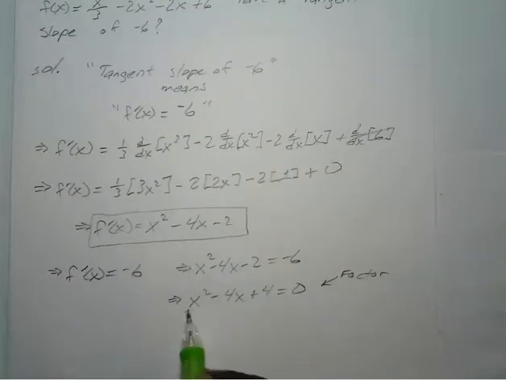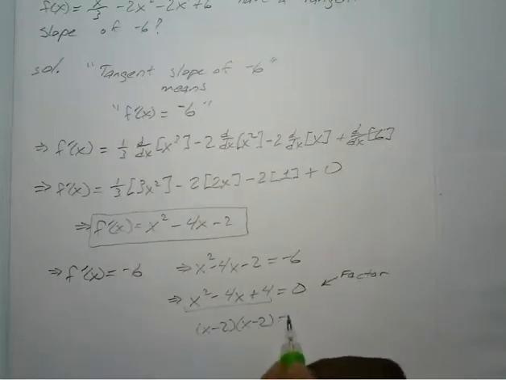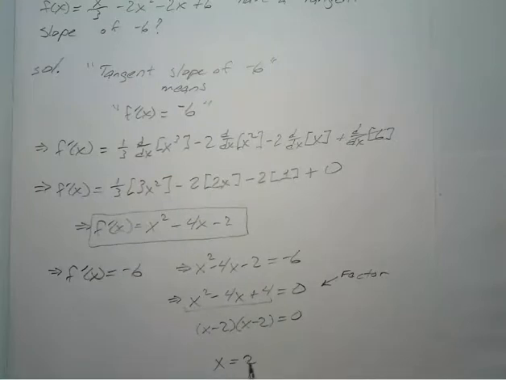Okay, so you can see here, actually, this is a perfect square trinomial. So we end up with x minus 2 times x minus 2 equals 0. And since we only need one of those, we know that x will equal 2.